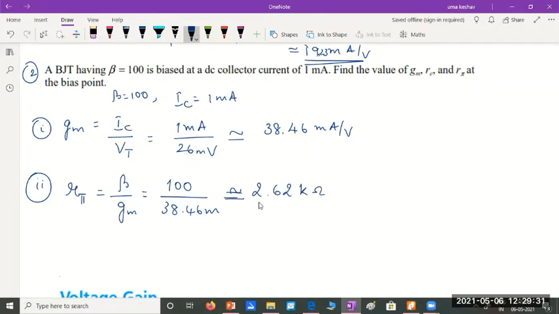What's the unit? Kilo, ma'am. Okay, since this is a resistance, unit is ohms. So 2.62 kilo ohms.